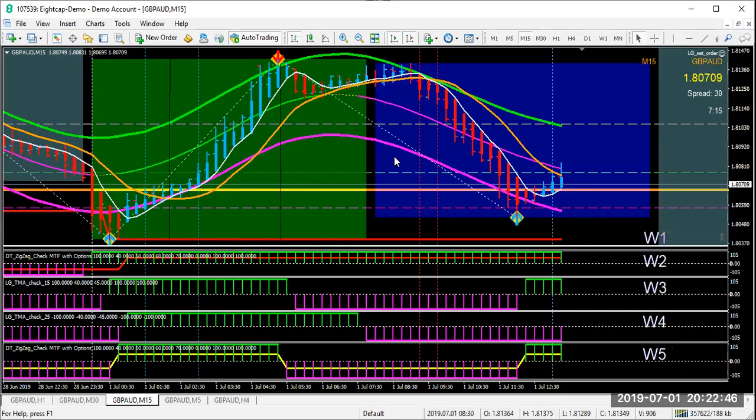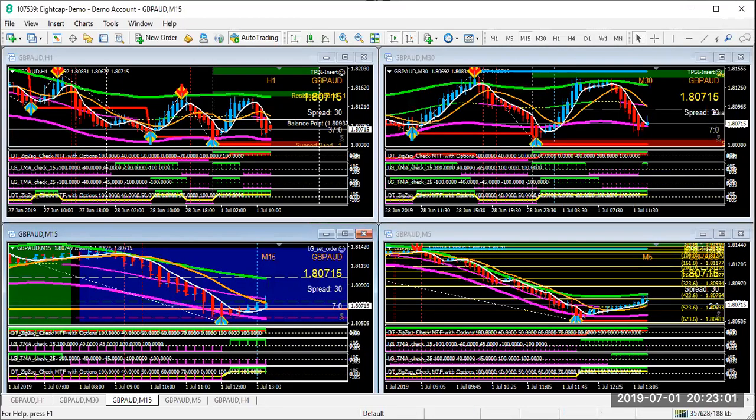So at this moment it does need to consolidate, and for us the next risk alert to respond to.